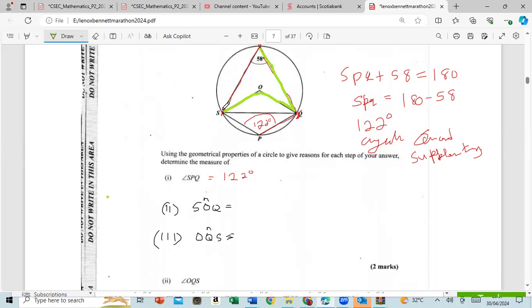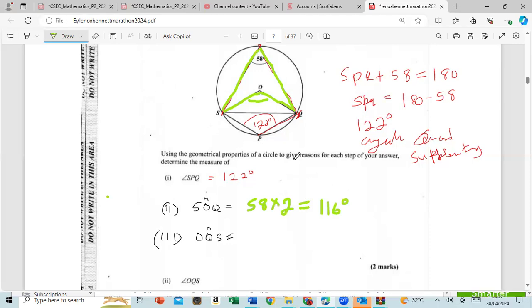If you look in your book, you're going to see that. So this is the angle at the center, and remember the angle at the center is twice. So you just multiply 58 by 2. I think you guys got 116. Let me check it. Yes, so this works out to 116.